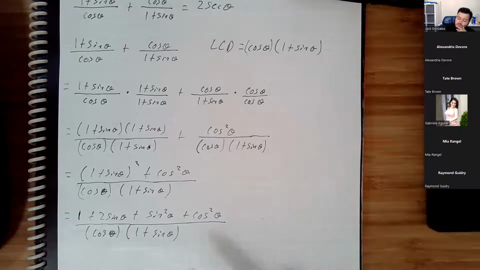Yeah, we see squares, right? So that should be a hint that Pythagorean could be handy.